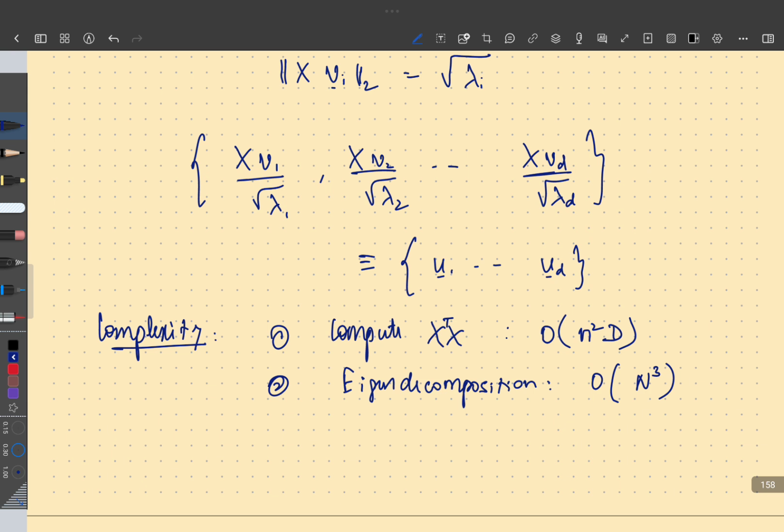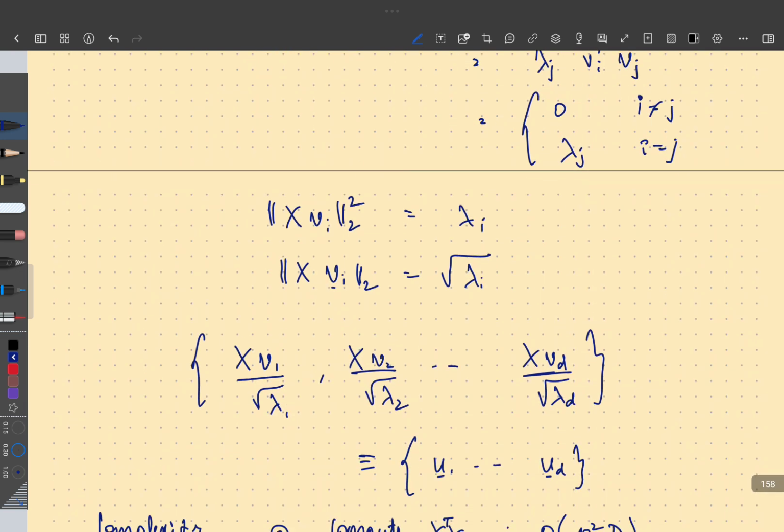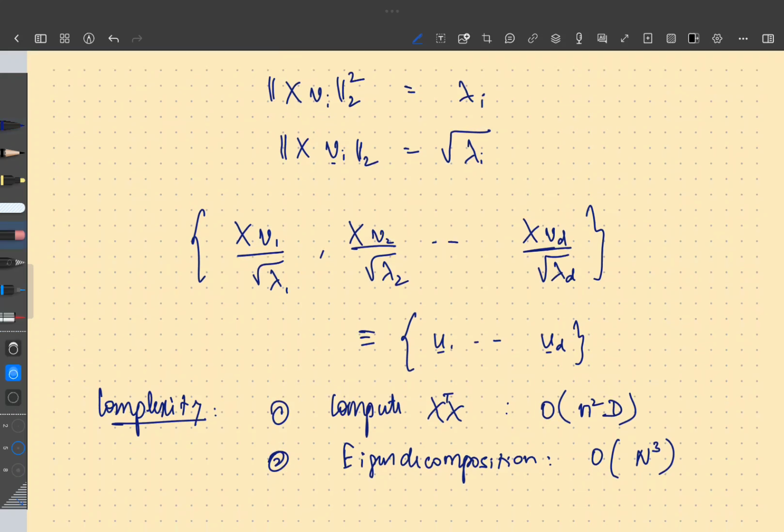So the overall complexity is just order n cube plus order n square d, whereas previously it was order d square n and order d cube.